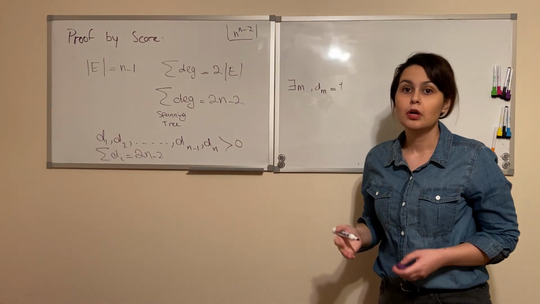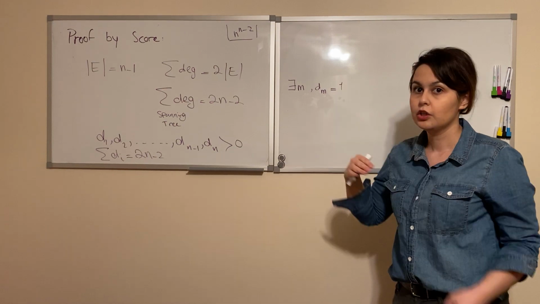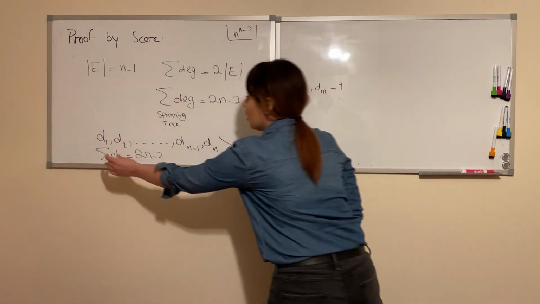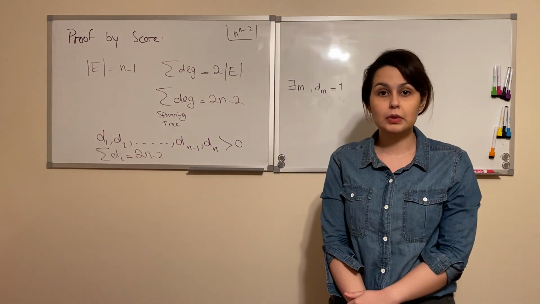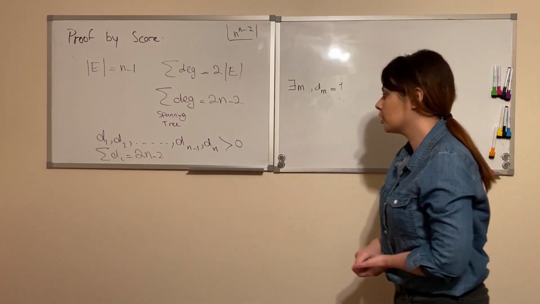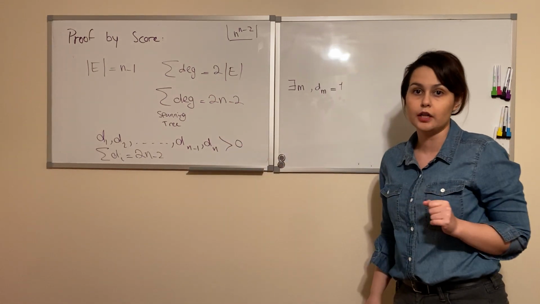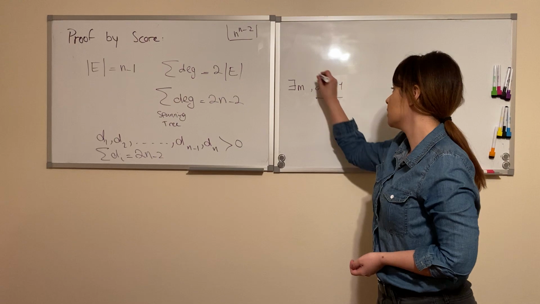Why is it true? Let's say there is no degree of 1. So everything must be greater or equal to 2, right? Then the summation becomes greater or equal to 2n. So it is not possible that all of these degrees are greater than 1. At least one of them must be equal to 1.